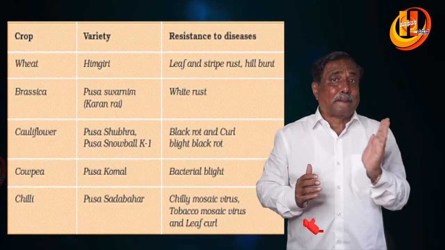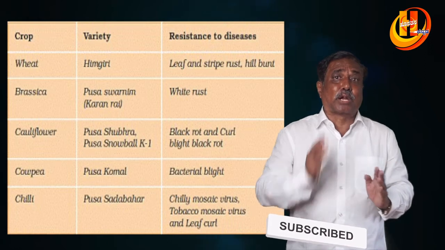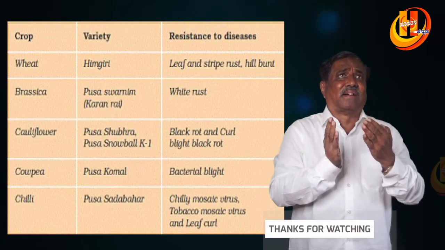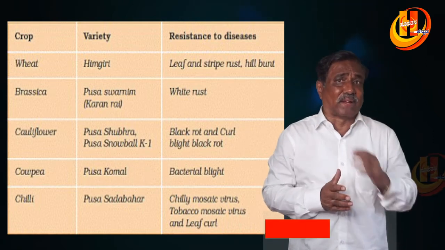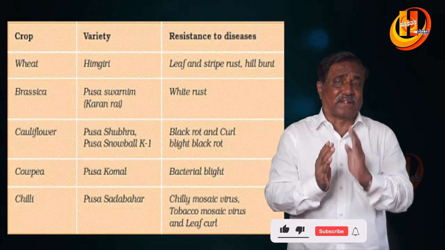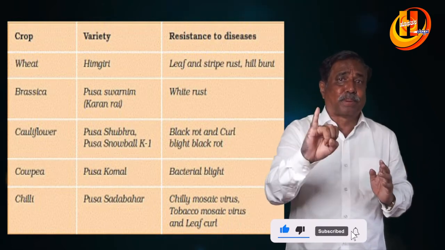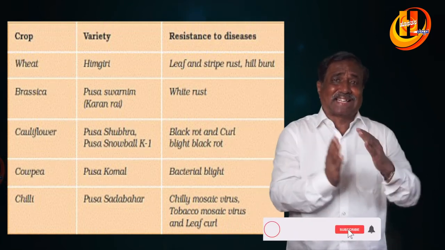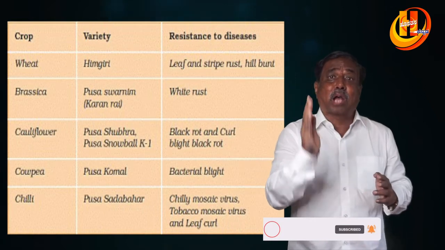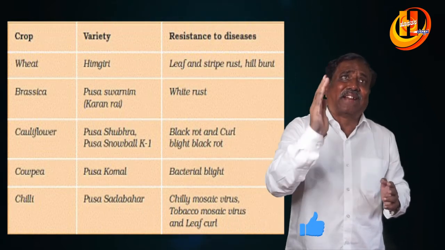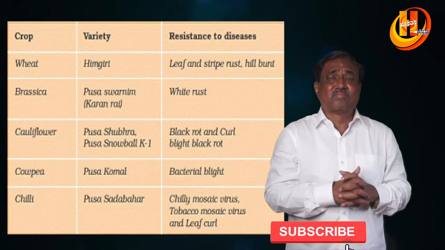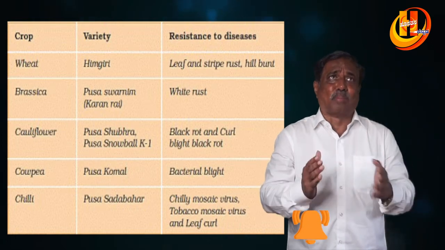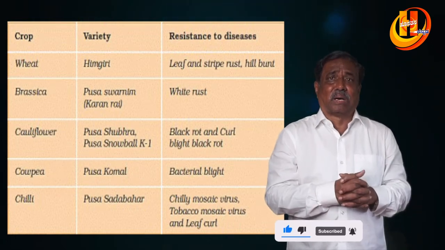Coming to Brassica, Pusa Swarnim is a disease resistant variety, also against rust disease. In cauliflower, the disease resistant varieties are Pusa Shubhra and Pusa Snowball, which are resistant to black rot disease. This is very important. Then coming to cowpea, it is Pusa Komal, which is disease resistant for leaf curl.